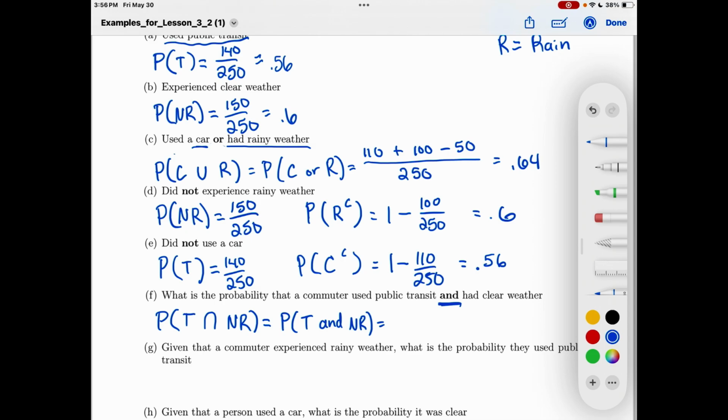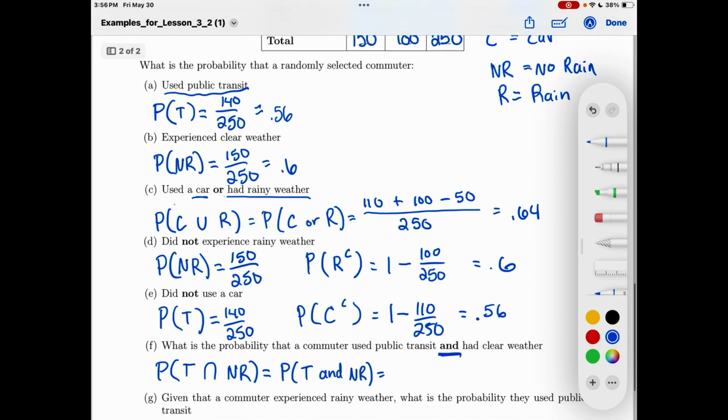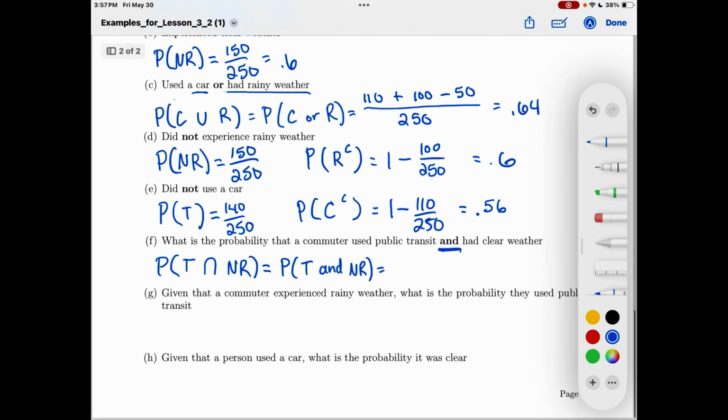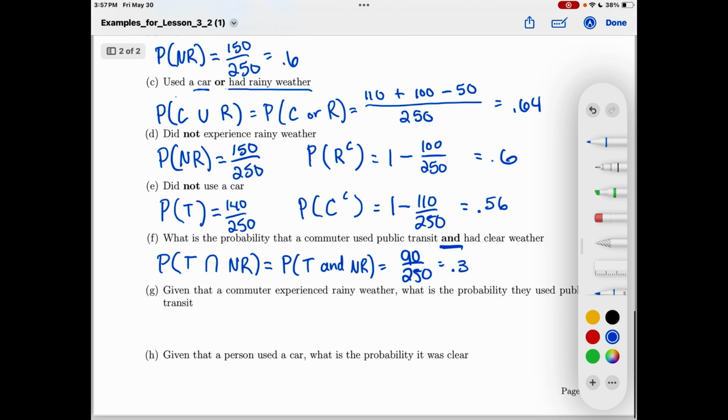So if we look up here and we find the group of people that used the transit and had clear weather, that would be 90 out of 250. And when we divide that, we get 0.36.